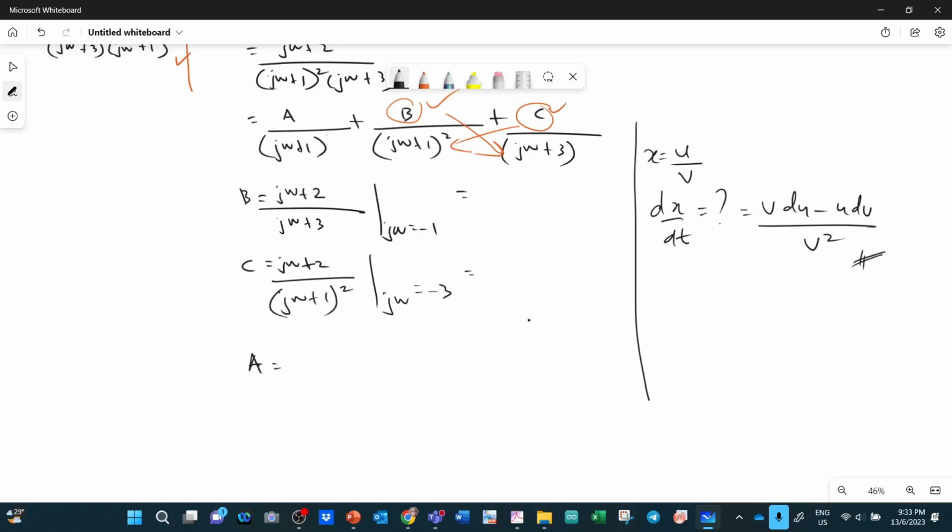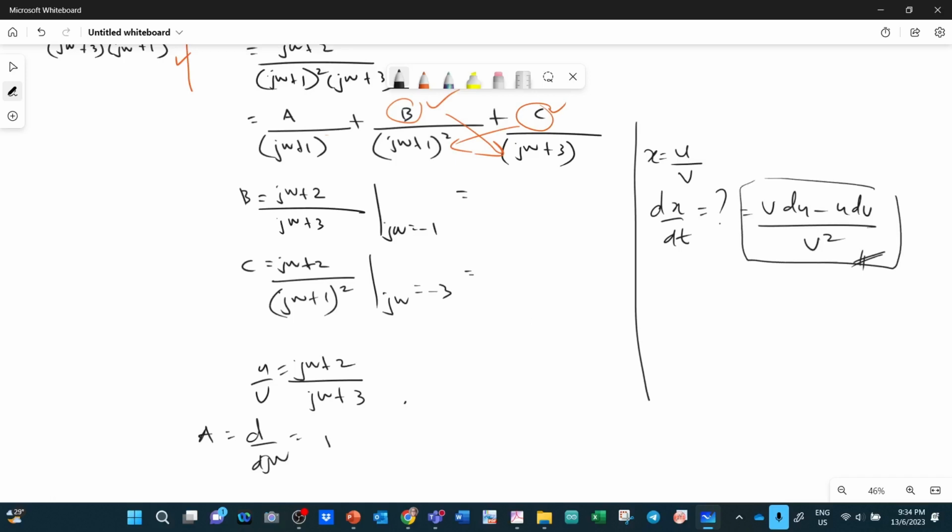So you have here jω+2 over jω+3. This one is your u over v. What you want to find is A, which is d over d jω, using the same concept.